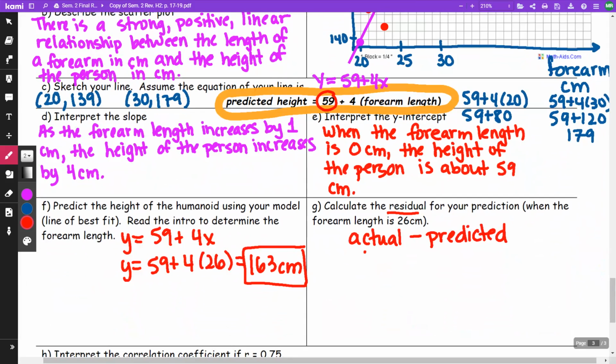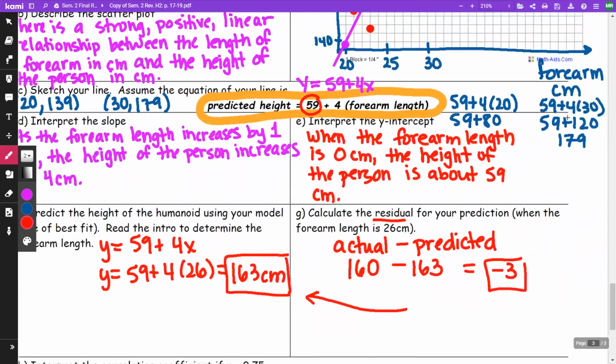So I'm going to put 160 centimeters minus my predicted, and my predicted is right there, 163. So we're going to get a residual of -3. That means we're off by 3. The line was 3 higher than our actual.